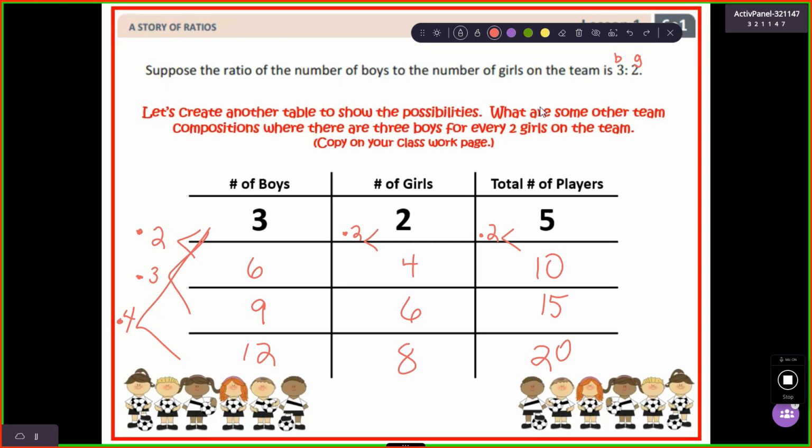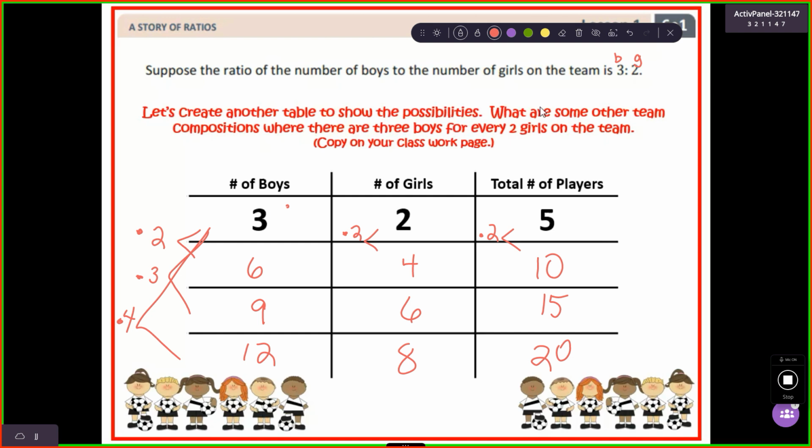You go from a big number to a little number. What operation do we do? Divide. Put 3 divided by 2 in your calculator. Pick up your calculator, 3 divided by 2. Do you get a whole number? No, you get a decimal.